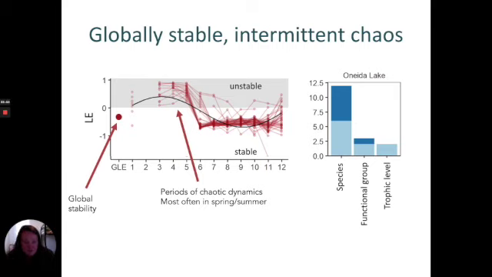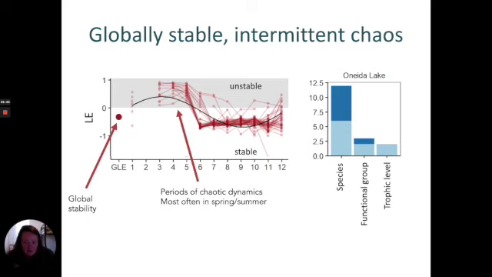Now, this is one species in one lake that I was talking about before, but we can look at all the different time series of the zooplankton species. And when we do that, what we find is that the dark blue is the periods of time that are chaotic, and the light blue is periods of time that are not chaotic.